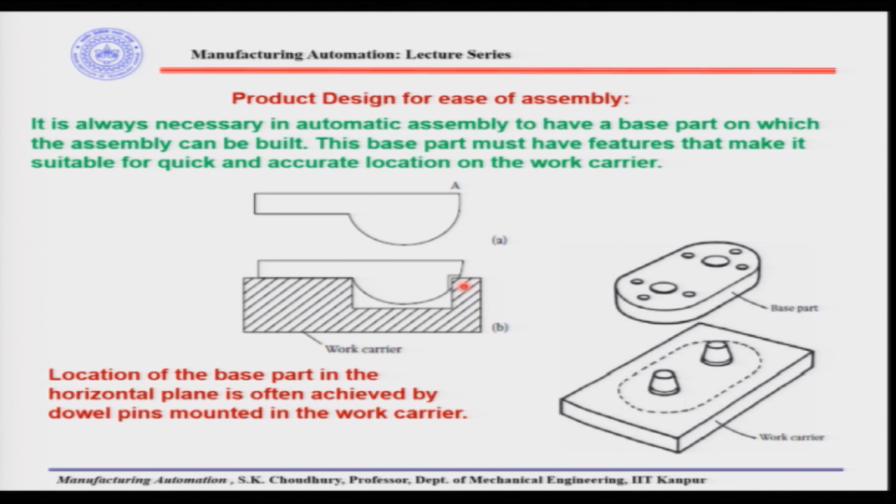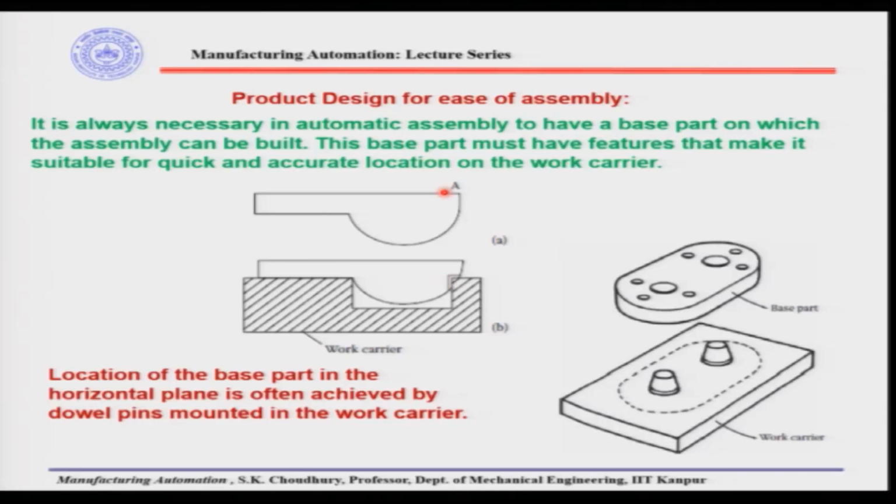As you understand, without this ledge or without this alteration in the base part, the base part will be unstably located on the work carrier, because any force imparted here will rotate it on the edges. So, there is a small change in the base part that we are doing here, a small feature that has been introduced.